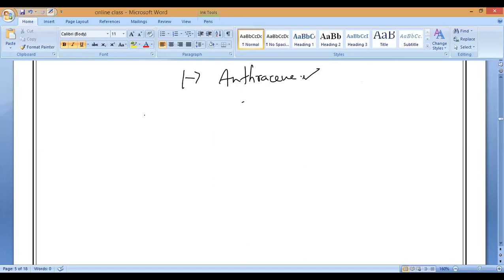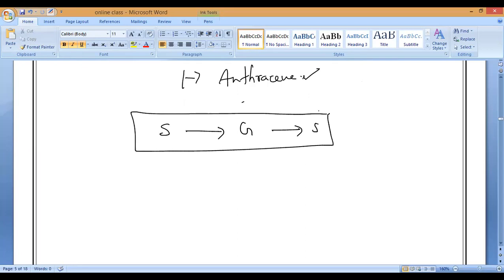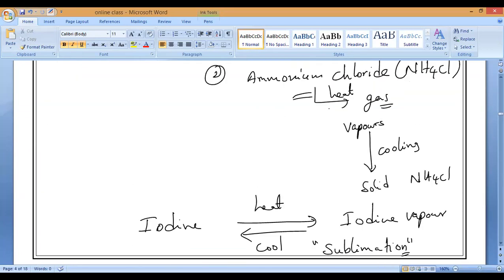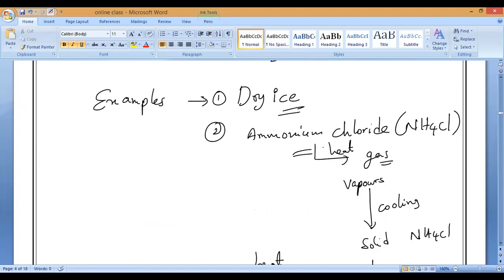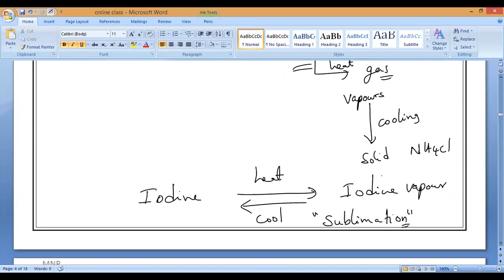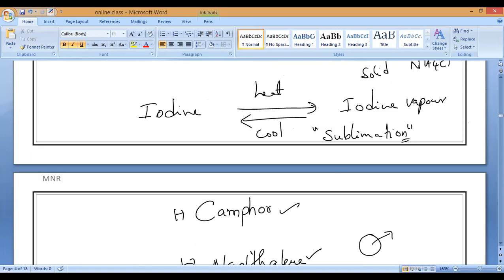Now let us discuss one example of how we can get solid to gas and also gas to solid. Shall we study, guys? Let us take one of the chemicals known to us, the first chemical as I told you: ammonium chloride. Now take the example of ammonium chloride.